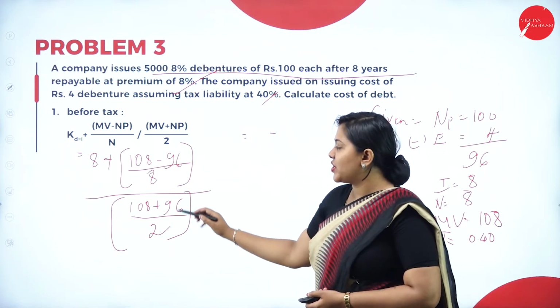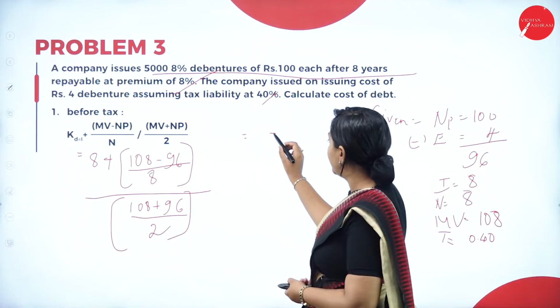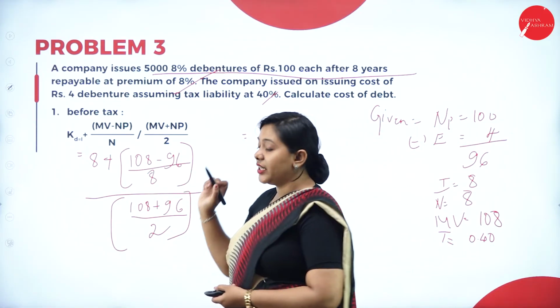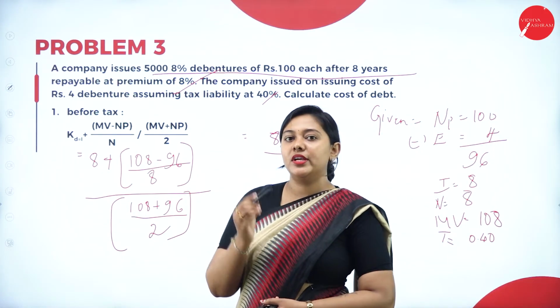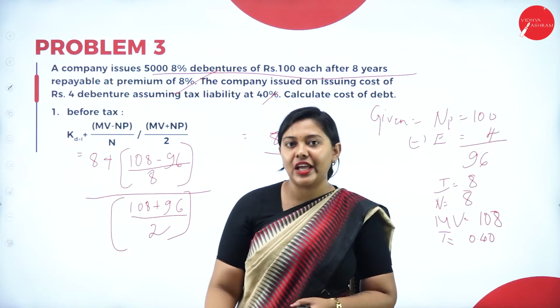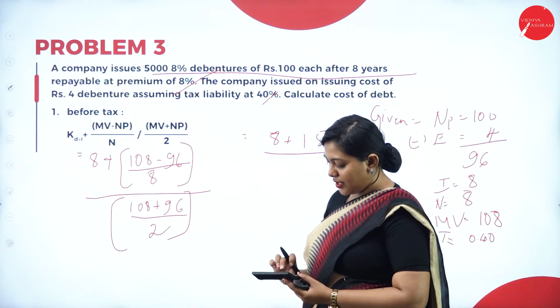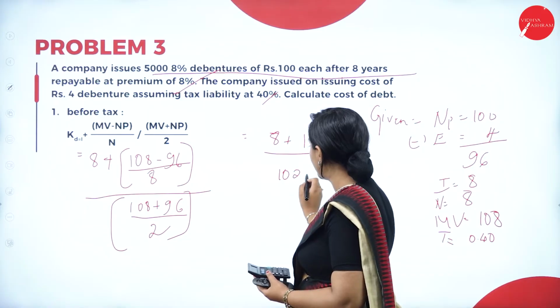So the first step, second step, third step and the fourth step. Let's check the calculation. 8 plus, so 108 minus 96, how much will it be? 12, divided by 8 is 1.5. So 8 plus 1.5, it will be 9.5. So let's use the calculator. 108 plus 96 divided by 2, it is 102.